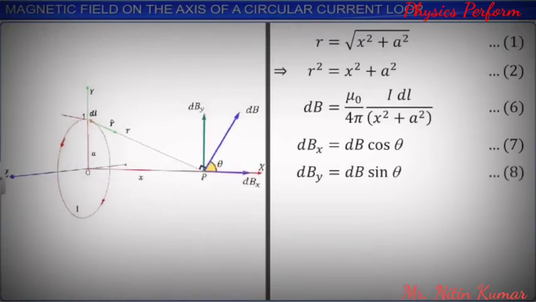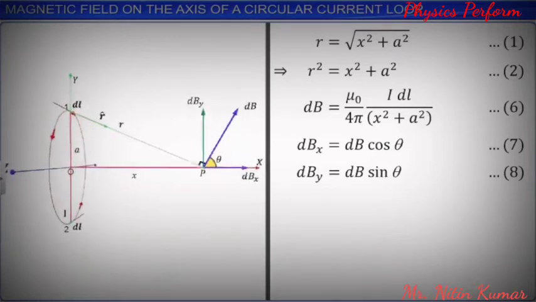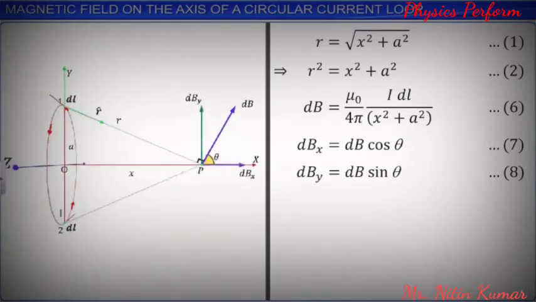Let us now consider another small element of length dl on the circular loop at a position diametrically opposite to the first element, as shown. This element at position 2 is at the same distance from the point P on the axis of the loop as that of the element at position 1 on the loop.